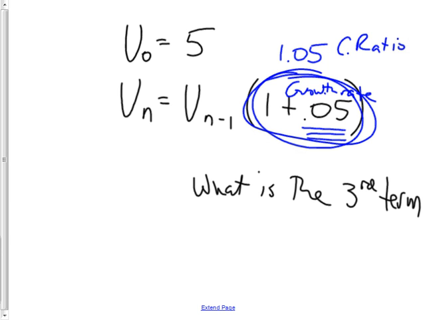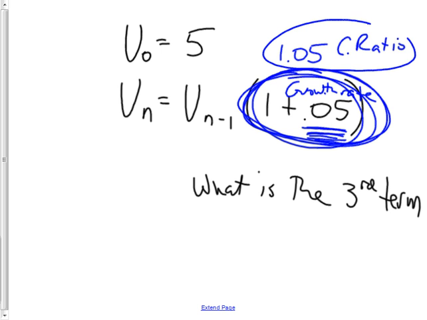It would be called what? Arithmetic. Good. Then that +5 would be the common difference. The thing it grows by every time is called the common difference. This is a growth too, but it's called the growth rate, and this is the common ratio.